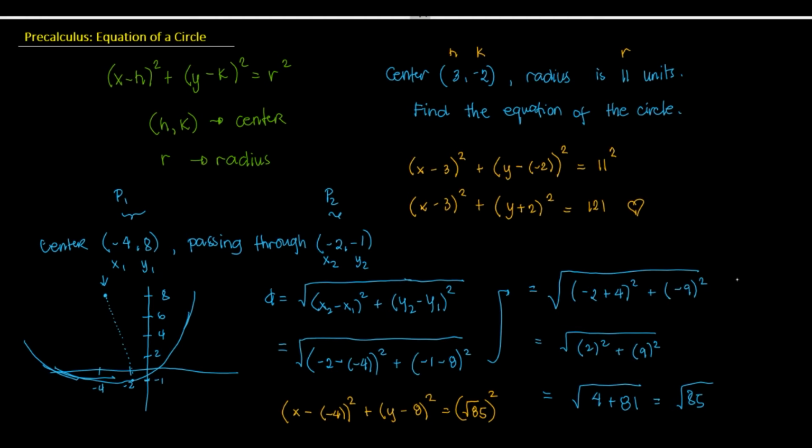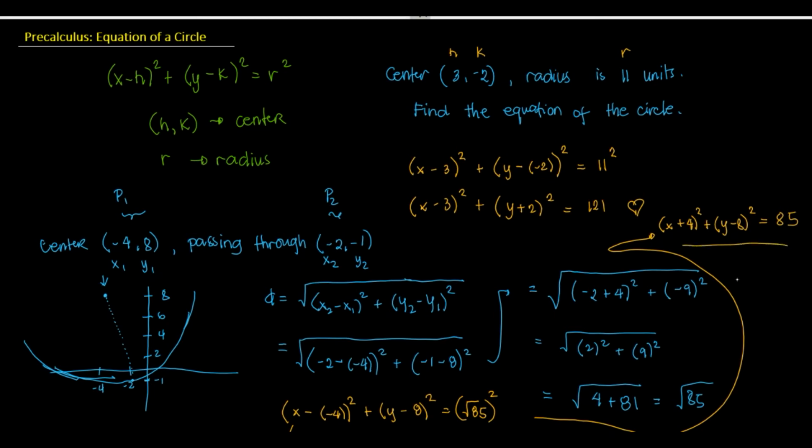So let's simplify this here. I hope you can still see this. I'm going to draw an arrow here. So this becomes (x + 4)^2 + (y - 8)^2 = 85. This is now the equation of a circle that is defined in this example.